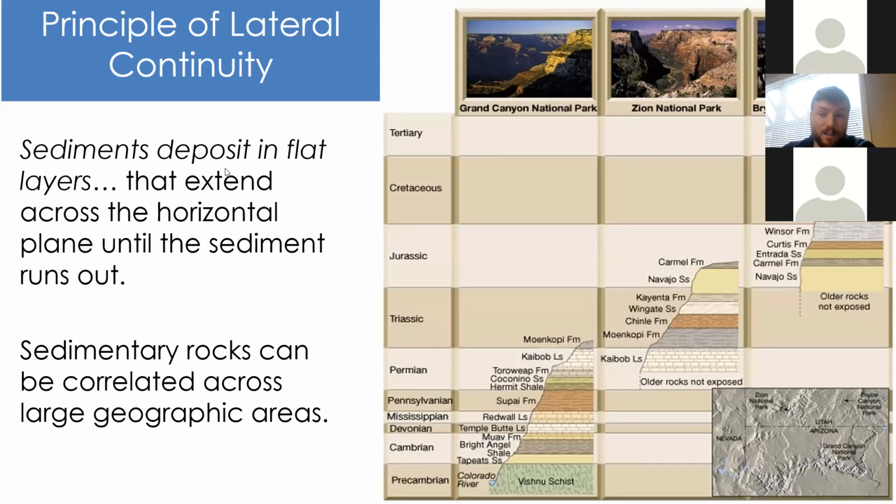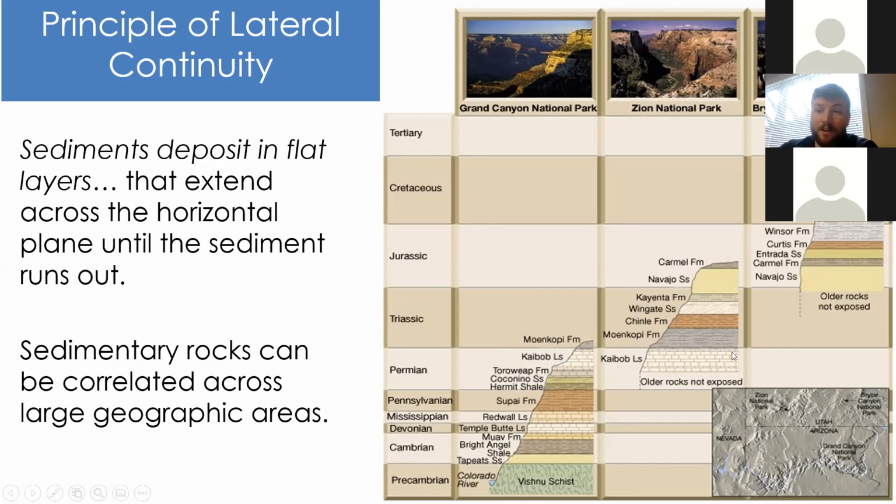But some of the same rocks in Bryce Canyon are found in Zion National Park. So if you look to the right, Bryce Canyon starts at the Wasatch Formation. It has several formations that were deposited during the Cretaceous and the Jurassic. And the Carmel and Navajo formations are the same formations found at the top of Zion National Park.